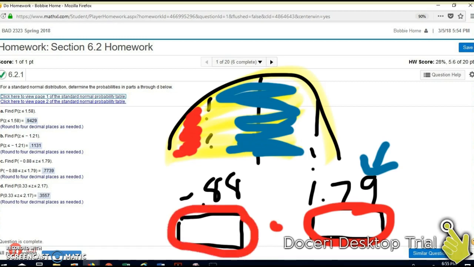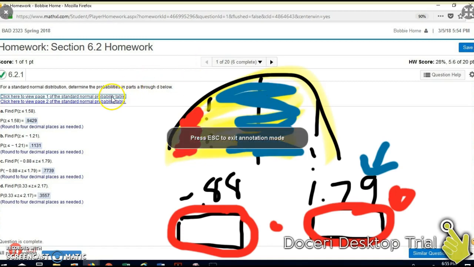Once I subtract it out, that will give me the probability of the in-between. So if I know this little part over here by looking it up, I can subtract it out. Okay, so let's look up those two numbers.